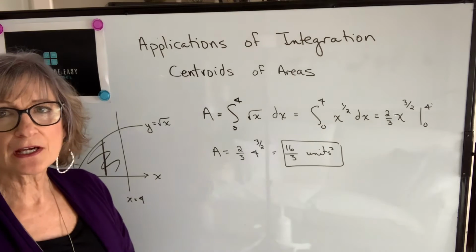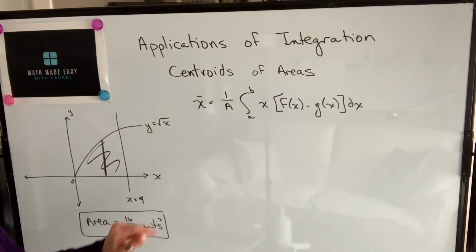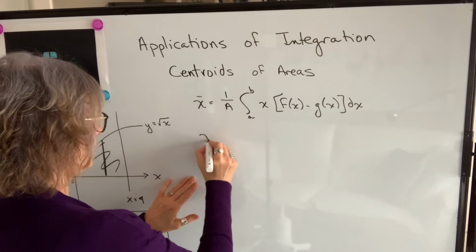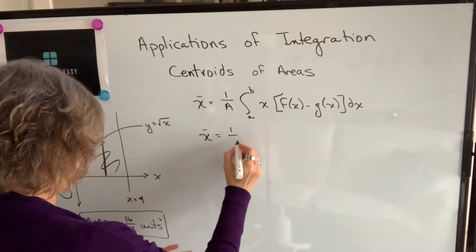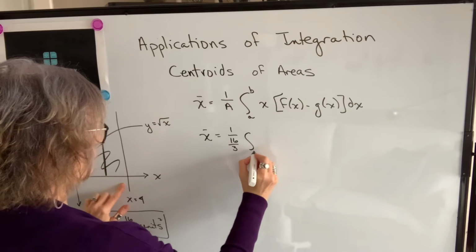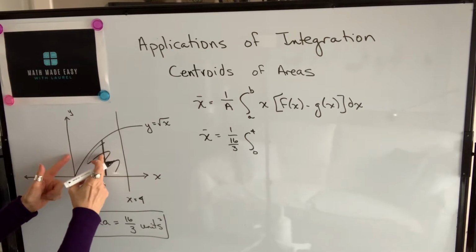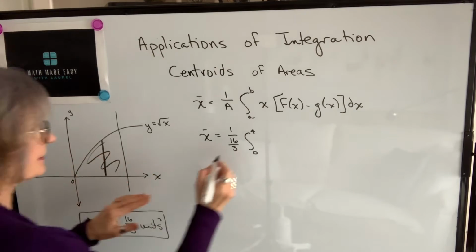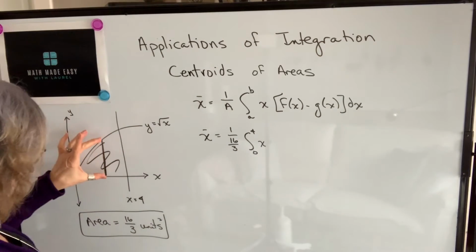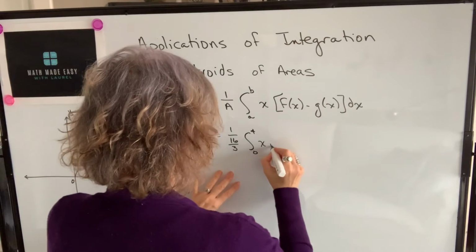Now we're going to find the x-coordinate and then the y-coordinate of the centroid. In order to find the x-coordinate of the centroid, we take 1 over A, so 1 over the area, which is 16 over 3, times the integral from 0 to 4 of the perpendicular distance to the y-axis, which would be x, times f of x minus g of x, that's the height of that rectangle, and it's going to be square root of x minus 0, which is just square root of x.